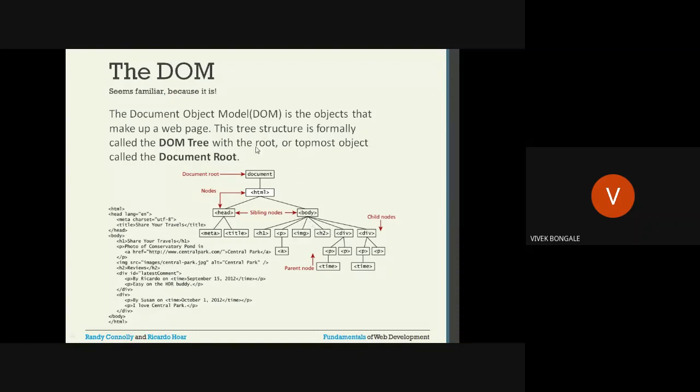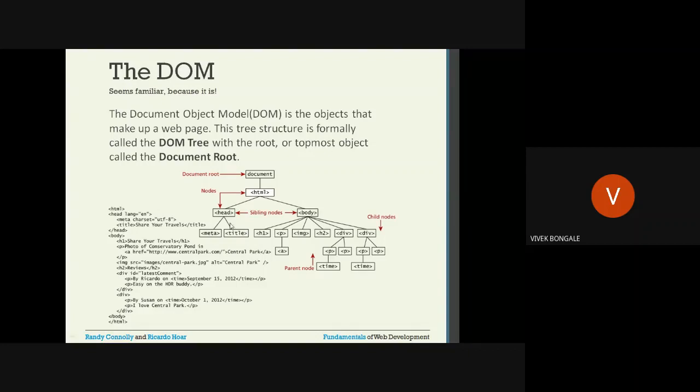The same thing in the DOM: starting with the document, nothing but the doctype, followed by the HTML tag. Then under the HTML we use head. Under head we use meta and title. Meta you already know, it is used for responsive design.